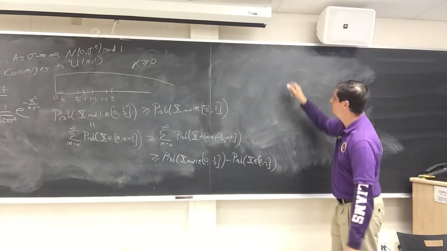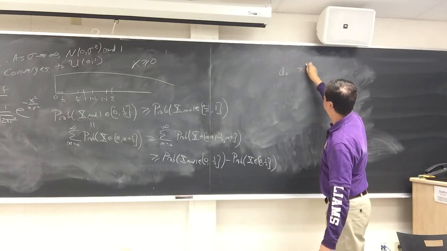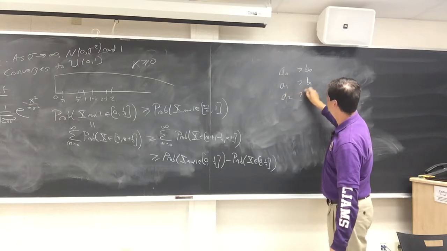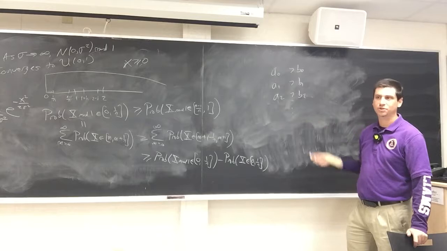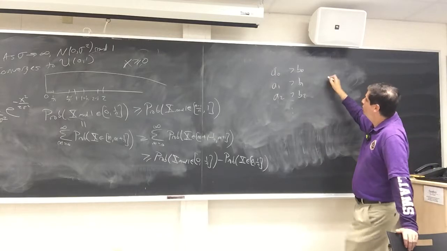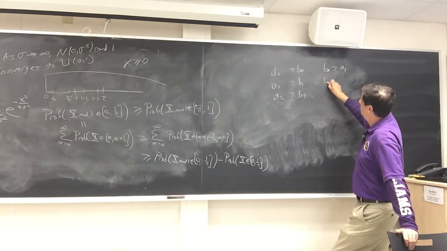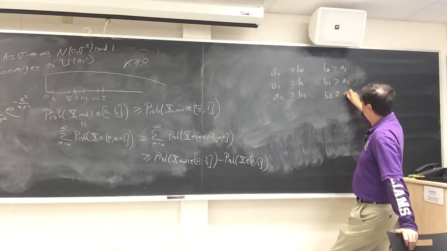So another way of looking at it is, we had A0 beats B0, A1 beats B1, A2 beats B2. And if we add all the A's, it beats all the B's. But we know B0 beats A1, and B1 beats A2, and B2 beats A3.